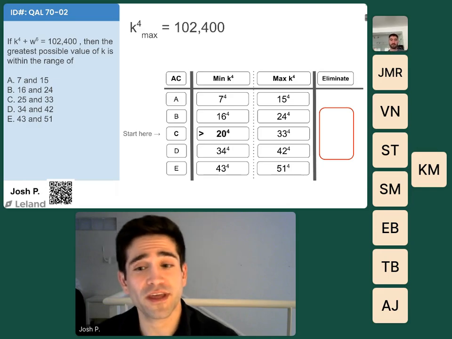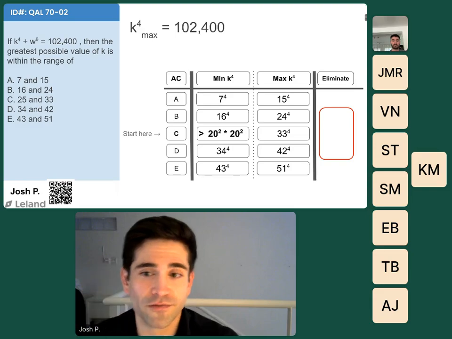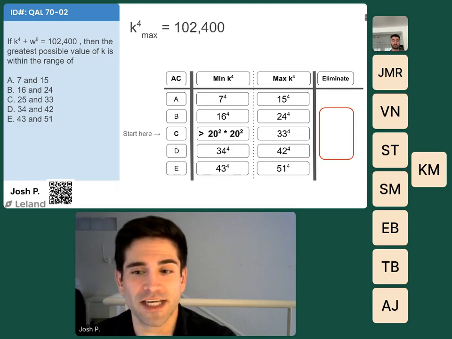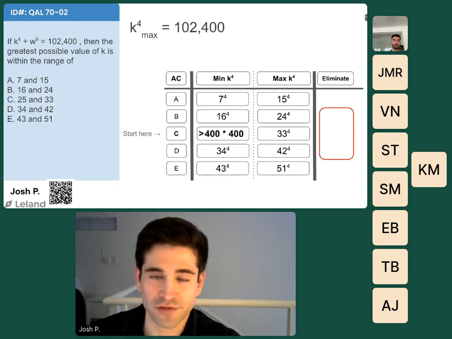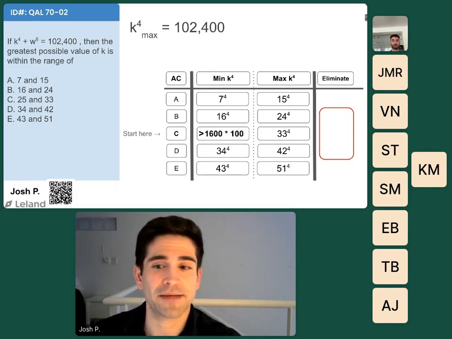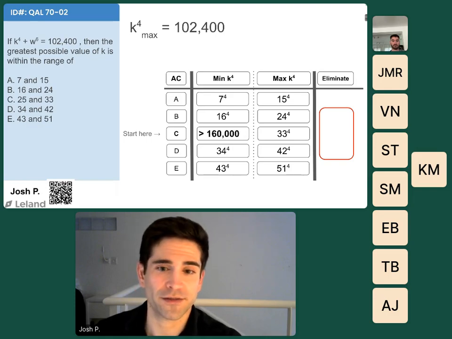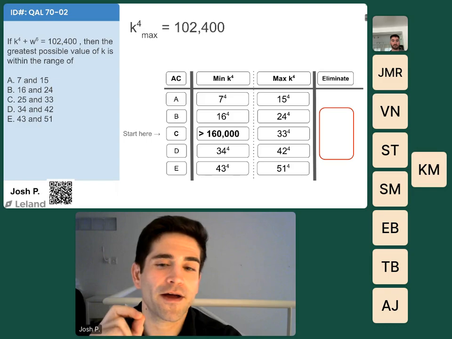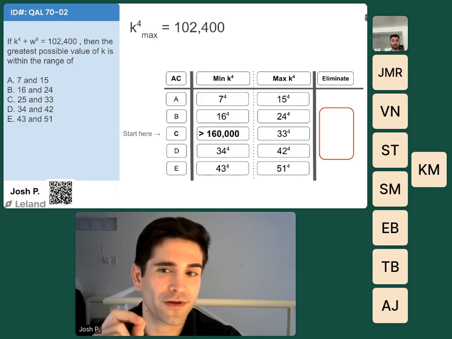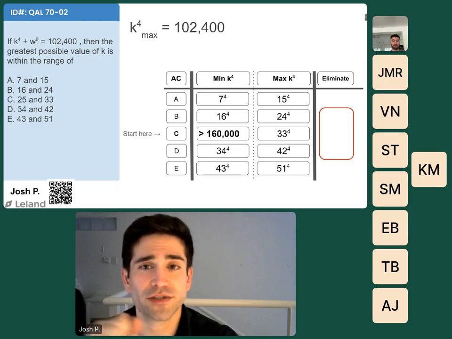And 20 to the fourth is an easier number to calculate without a calculator. 20 to the fourth is 20 squared times 20 squared, which is 400 times 400, or 1600 times 100, 160,000. So the minimum value in C range is greater than 160,000.